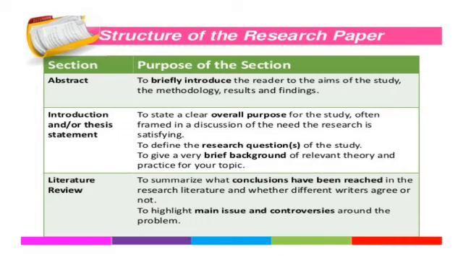Firstly, talking about the abstract: it is commonly used to briefly introduce the reader to the aim of the study, the methodology, the results and the findings. And the introduction is to state a clear overall purpose for the study, define the research questions, and also give a very brief background of the relevant theory.